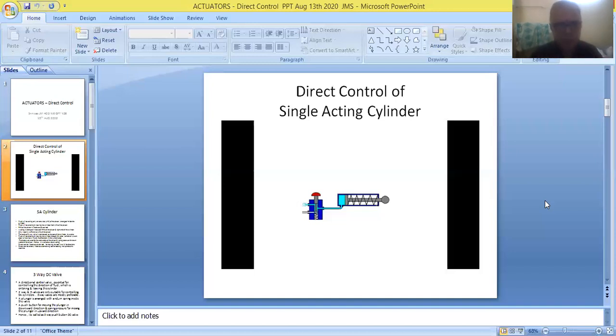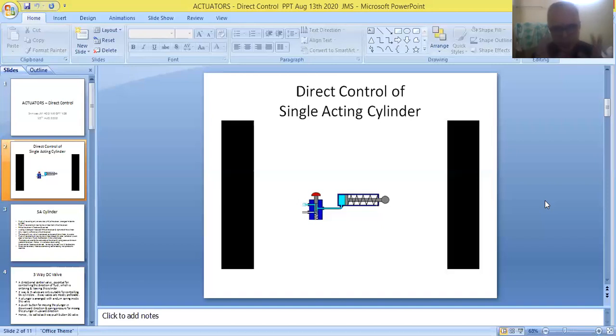And finally, I would like to repeat the positions of the valve. In the first position, the inlet will be in contact with the outlet and the exhaust will remain closed. And in the second position of the valve, the outlet will be in contact with the exhaust and the inlet will be closed.